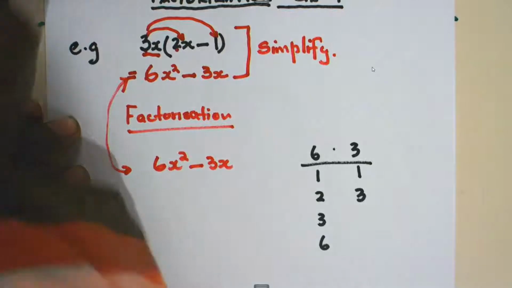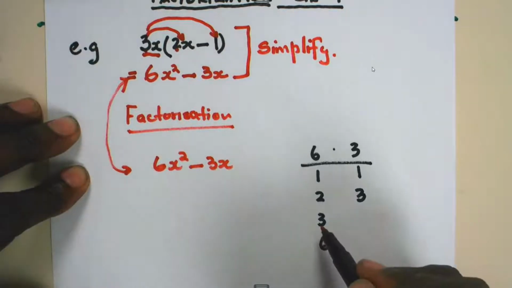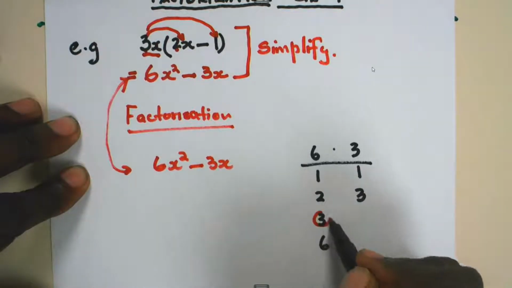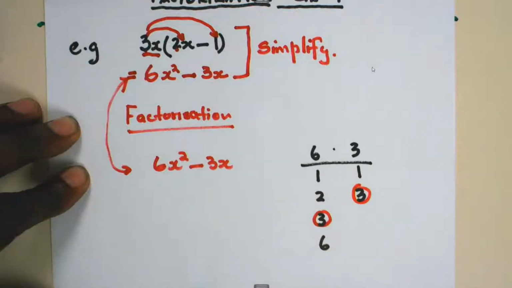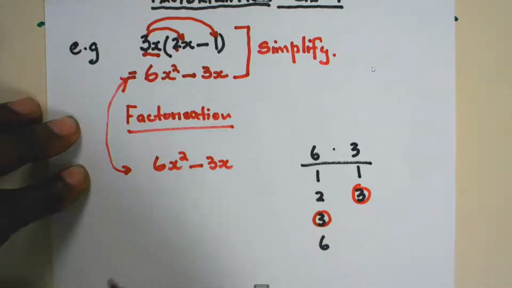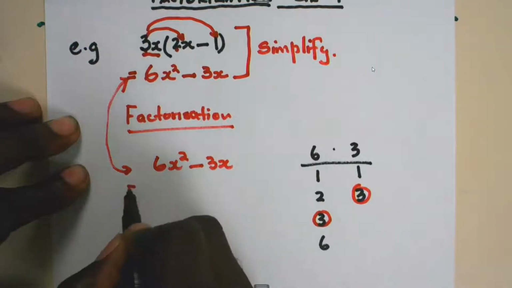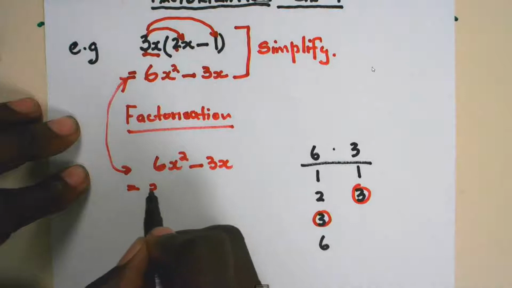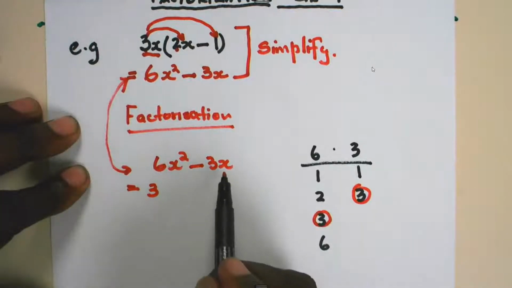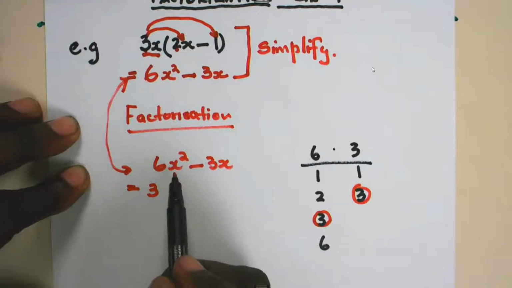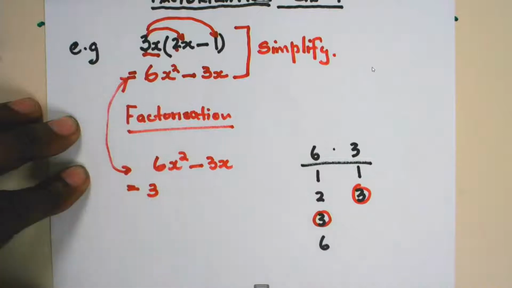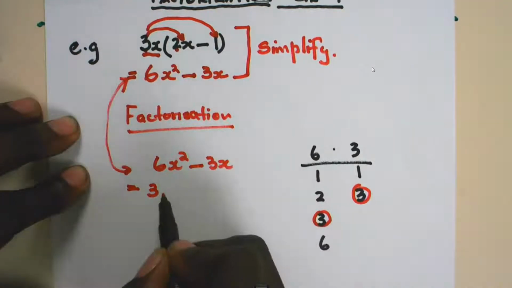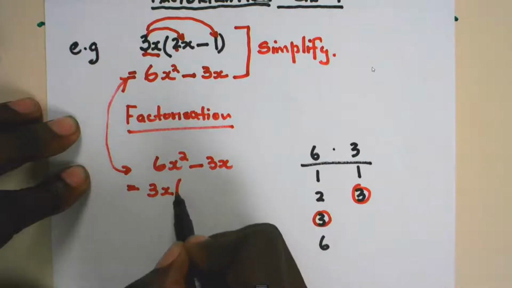Therefore, you can see that 3 is a common factor. So we take out this common factor, 3. Between the x and the x squared, we take the smaller degree of this variable, which is only x. And then we put our bracket.